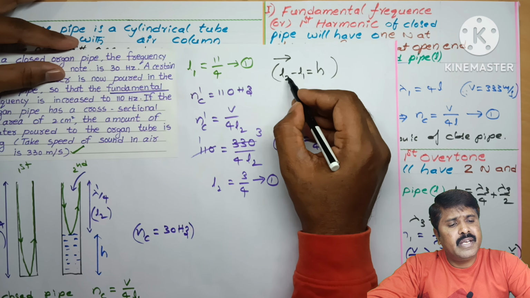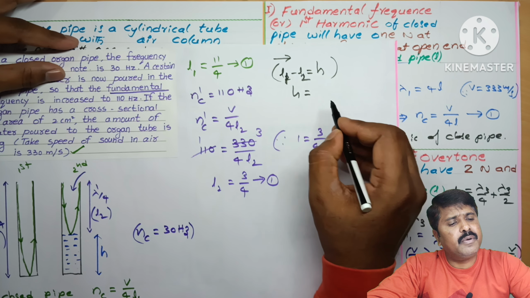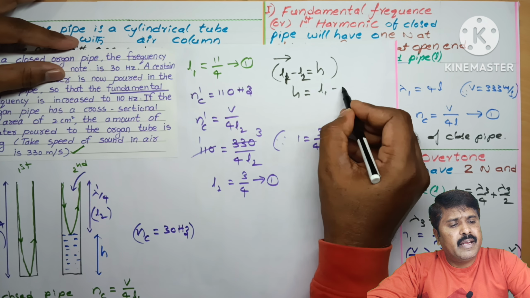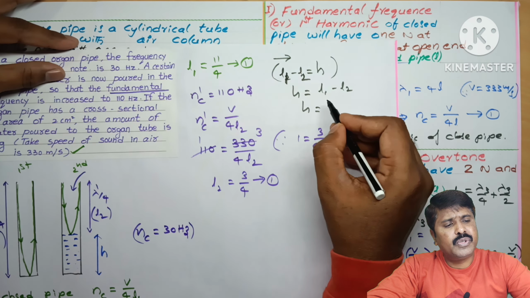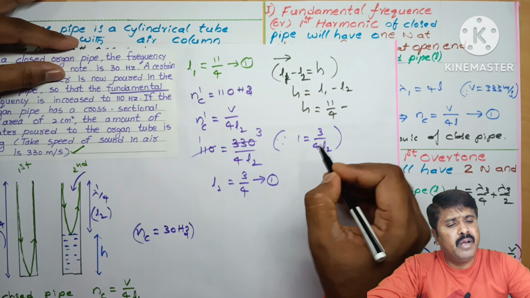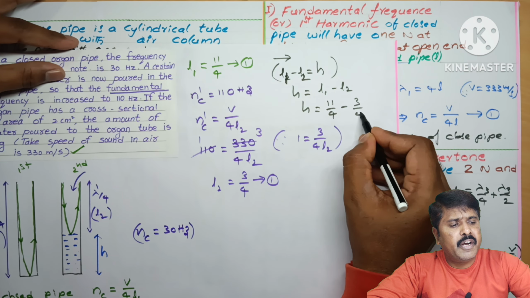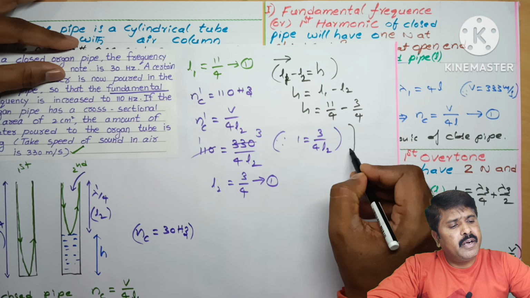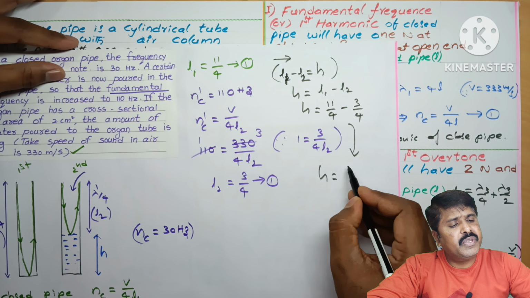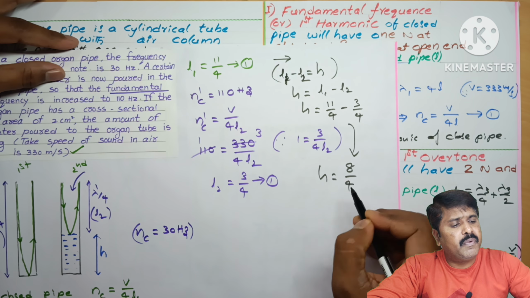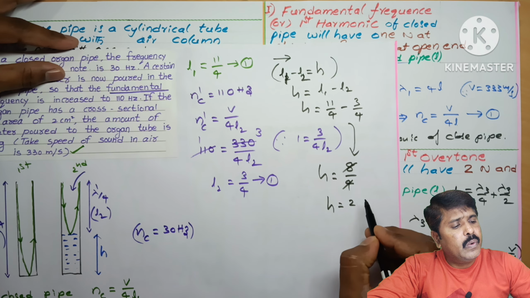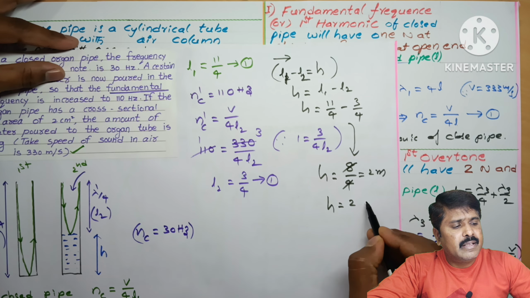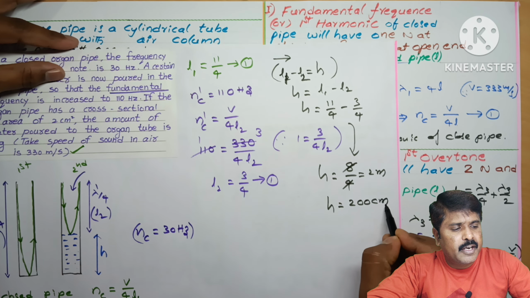L1 we got as 11 divided by 4, and L2 is equal to 3 divided by 4. So continuing the derivation, H is equal to 8 divided by 4, and I got H equal to 2 meters, that is 200 centimeter.